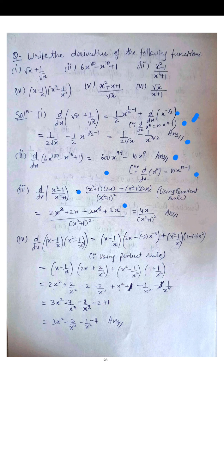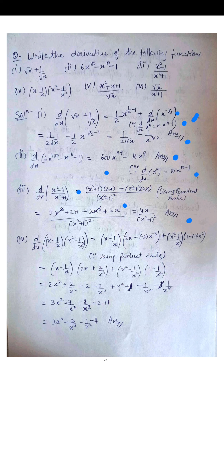So we get here 2x, minus numerator into derivative of denominator, that is derivative of x square plus 1. Derivative of x square is 2x and derivative of 1 is 0. So by solving this we get answer as 4x upon x square plus 1 whole square.